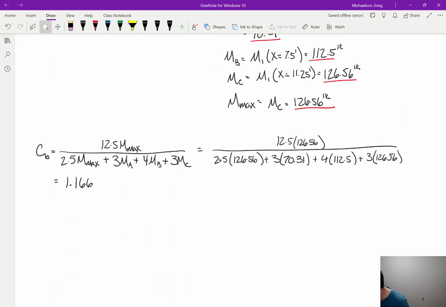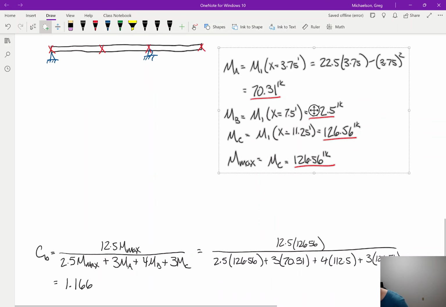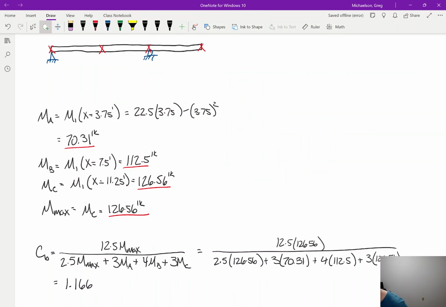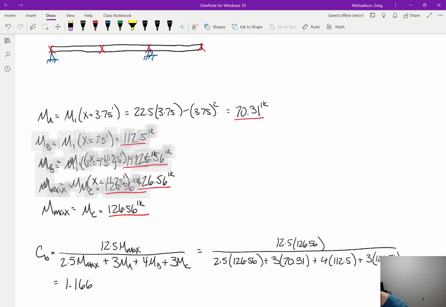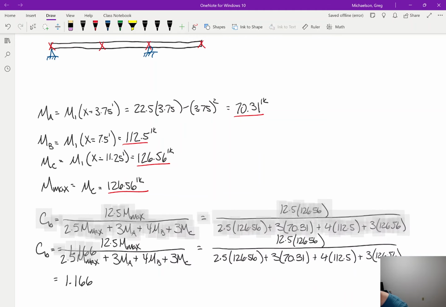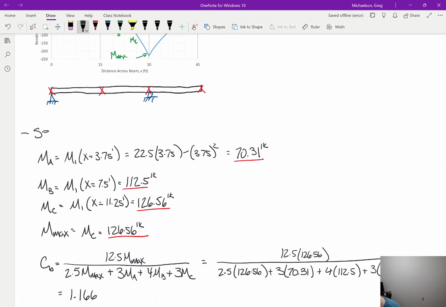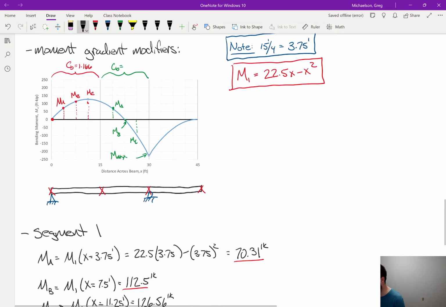Wish I had done this earlier. There's a method to the madness, I promise. There we go. That's what I like. Okay, so squunch it up together. Okay, so these are going to be the moments. So this is segment 1, so we'll call this the first segment over here to the left.